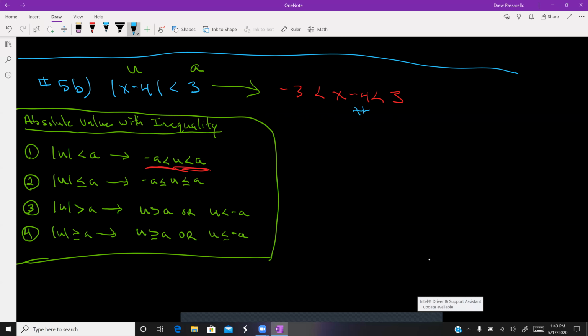So -3 plus 4 is 1, so that's 1 less than x less than 3 plus 4, which is 7. This is the inequality version of the answer. As an interval, it's parentheses 1, 7, using parentheses since they're both just less than signs. They usually want the interval answer. All right, that's 5B, 5C.